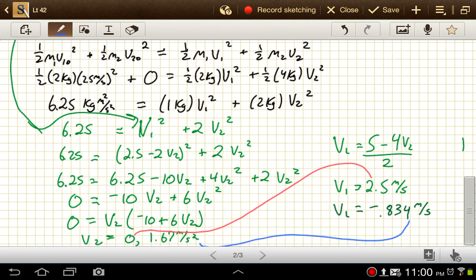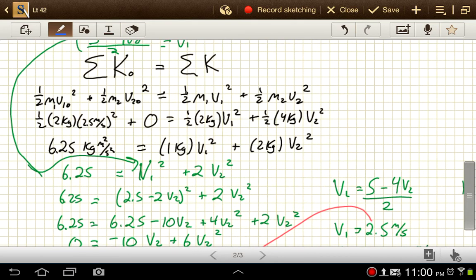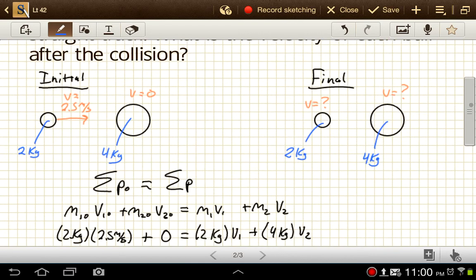Okay, so now we have two possible choices for our final velocities. How do we figure out which one it is? Well, in this situation we had our little ball initially moving to the right, our 2 kilogram one. We call that mass 1. And this one was mass 2.